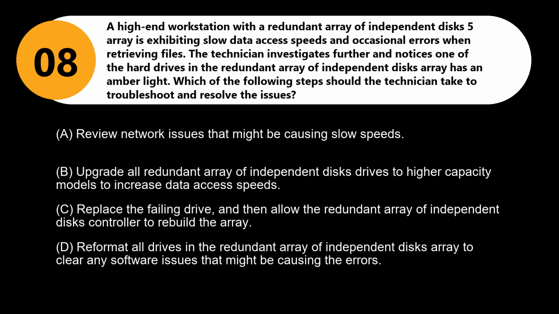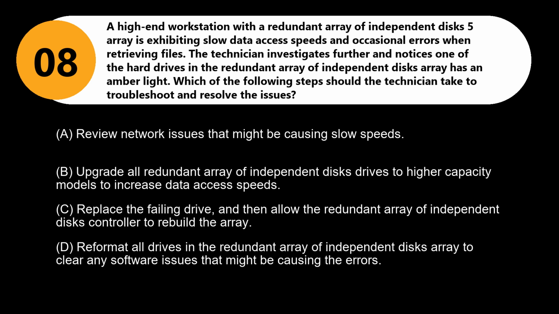Question 8. A high-end workstation with a redundant array of independent disks 5 array is exhibiting slow data access speeds and occasional errors when retrieving files. The technician investigates further and notices one of the hard drives in the redundant array of independent disks array has an amber light. Which of the following steps should the technician take to troubleshoot and resolve the issues? Option A, review network issues that might be causing slow speeds. Option B, upgrade all redundant array of independent disks drives to higher capacity models to increase data access speeds.